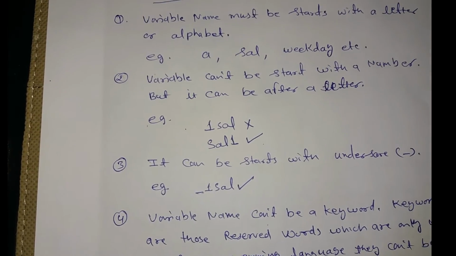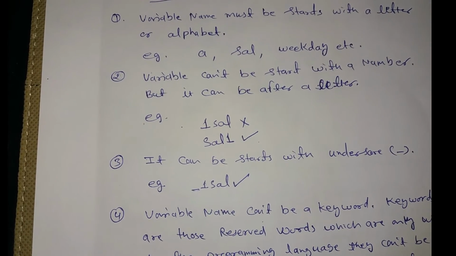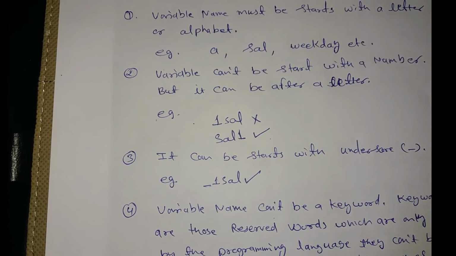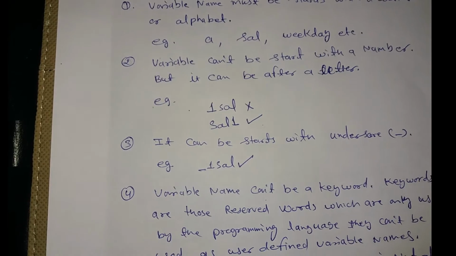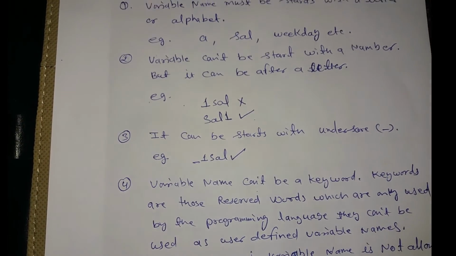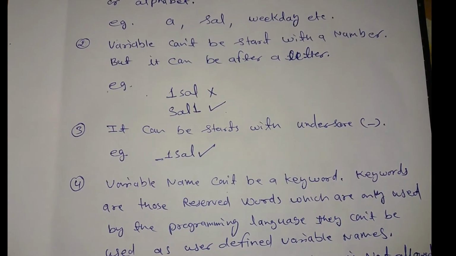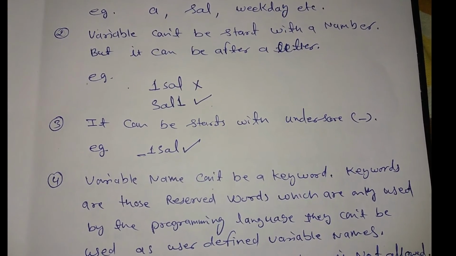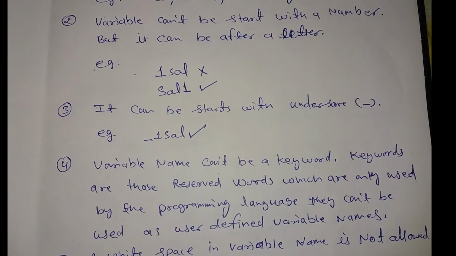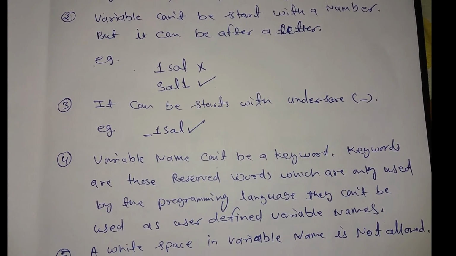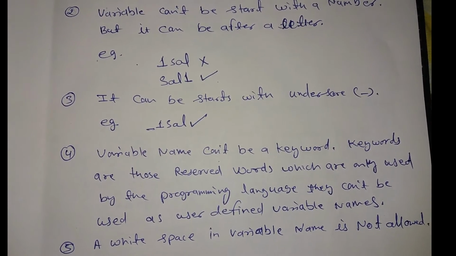It can start with an underscore. Example, _salary1. A variable name cannot be a keyword. Keywords are reserved words which are only used by the programming language. They cannot be used as user-defined variable names.